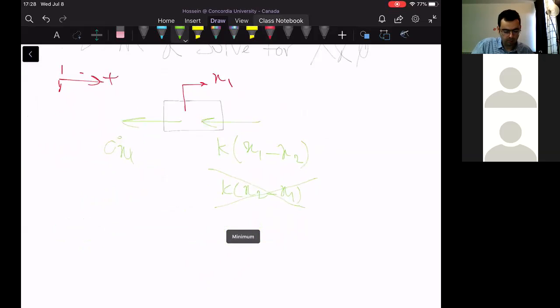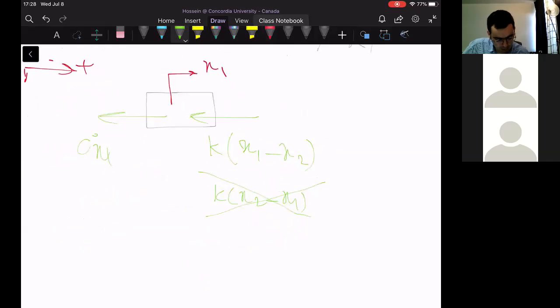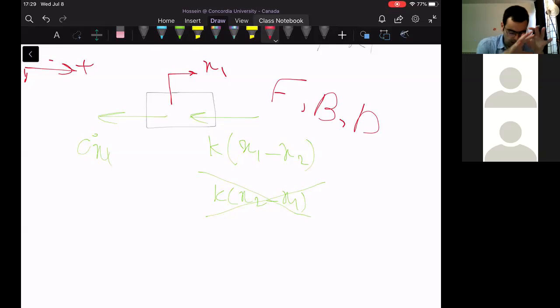So this is the free body diagram. Always try to plot the free body diagram. In case you have not come up with the right final answer, the marker, your professor, will give you partial marks if you draw the free body diagram. It's very important. Then you could easily apply Newton's second law. The summation of forces applied to this mass is m x double dot 1.